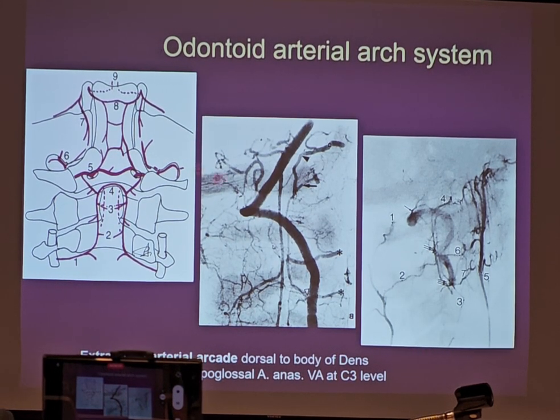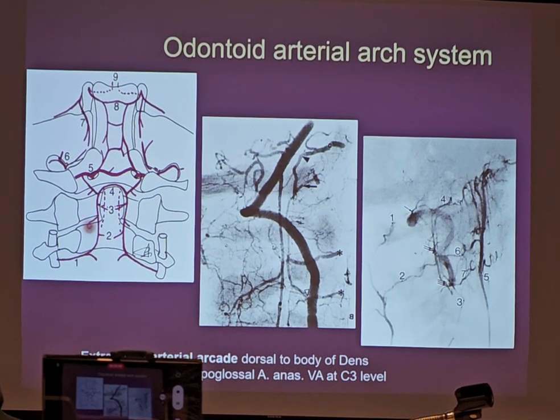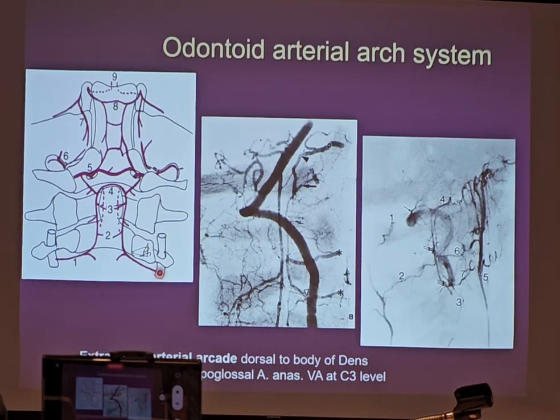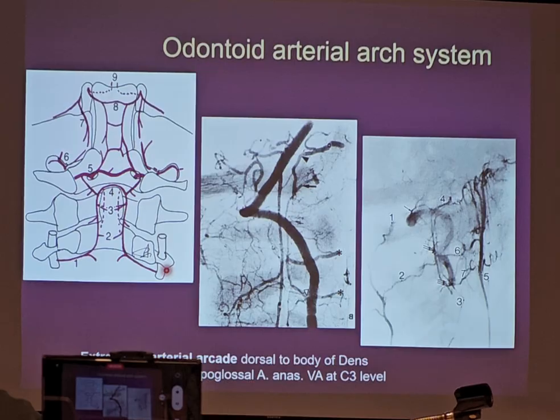Okay? So this is the shape overlying the dens or odontoid arch. So it comprises the descending branch of the hypoglossal artery, anastomosing with the vertebral artery at C3. Everything happens at the C3 segment.